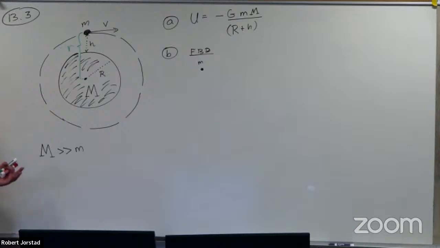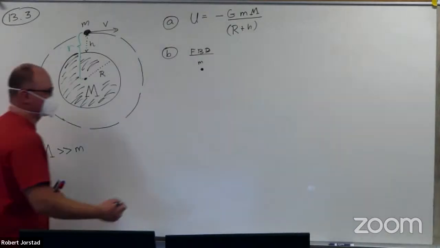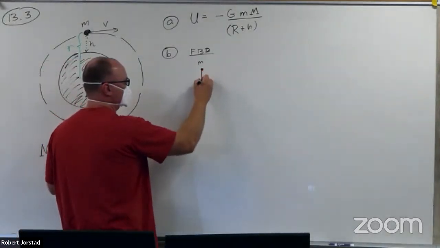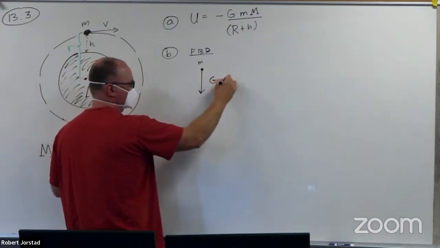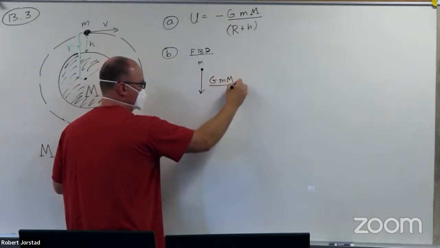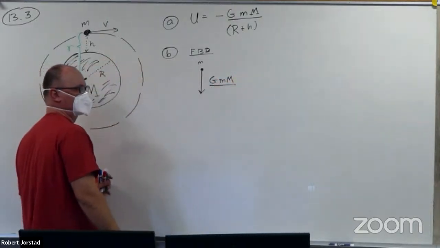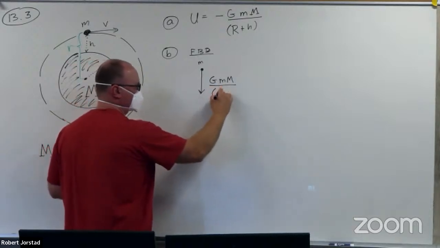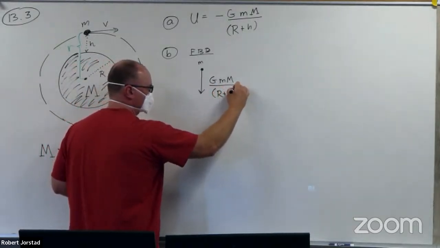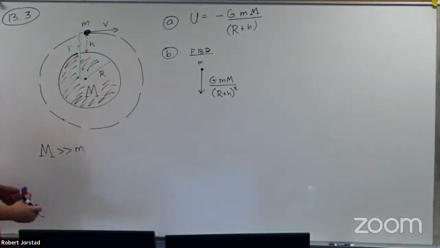Gravity. We used to say mg, but now it's going to be G M m divided by what? R squared. In this case, little r squared is R plus H squared. Whenever you have to deal with altitude, you just change little r to big R plus H.